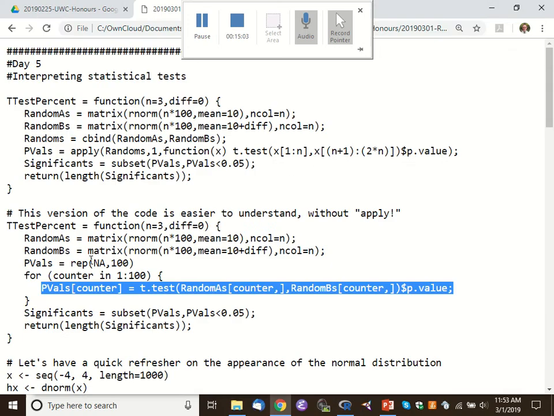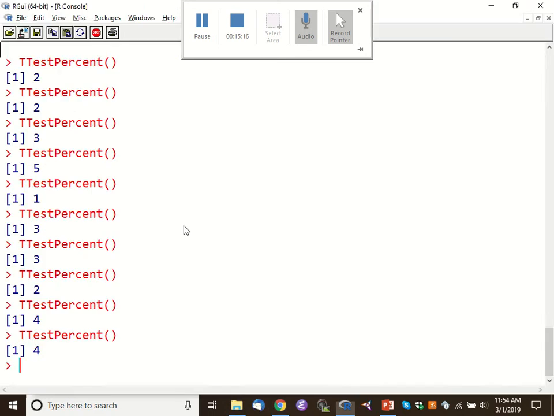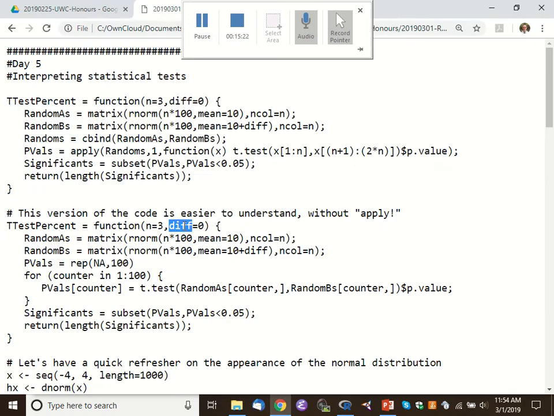If we flip back to the code, we see that the difference by default is set to 0. So there's no difference to be found here. The A values are drawn from the same distribution as the B values are.